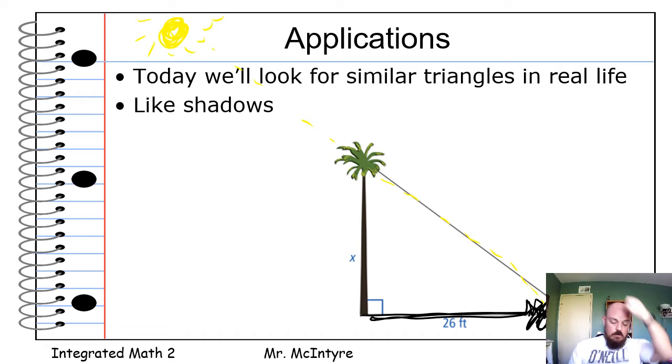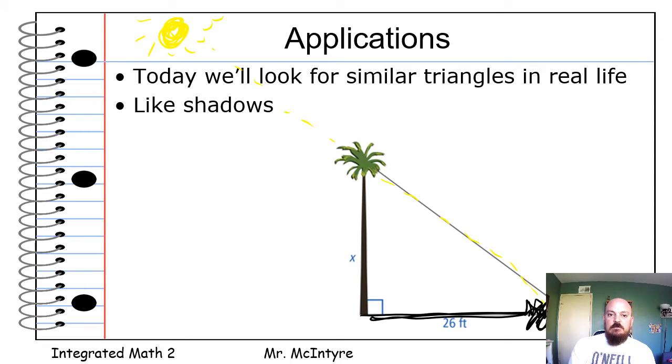So in your triangle, one side of the triangle is the tree, one side is the shadow, and one side isn't actually there. You have to imagine the sun scraping across the top of the tree and hitting at the end of the shadow. And then the same thing with the person.